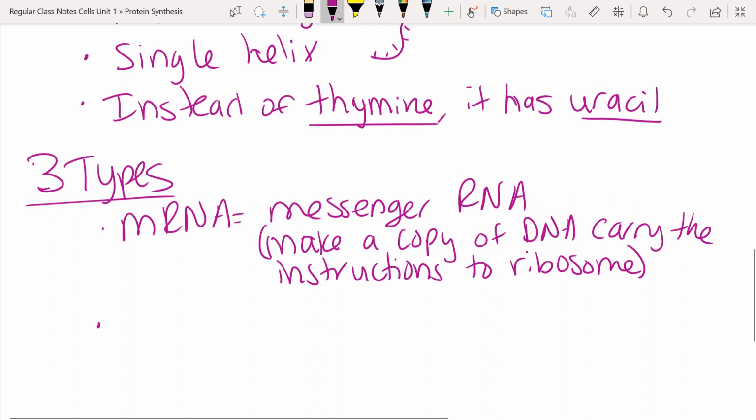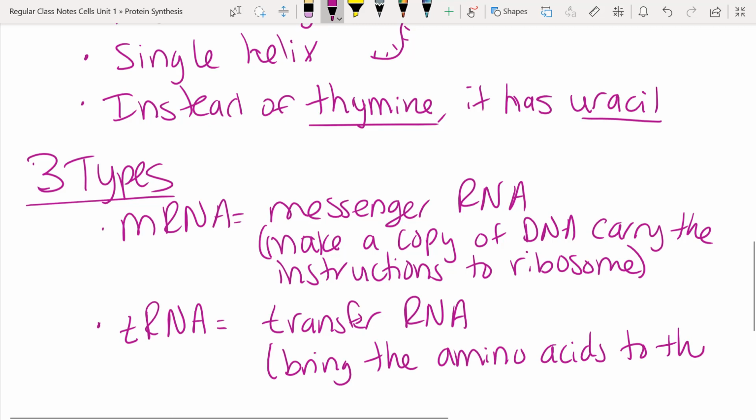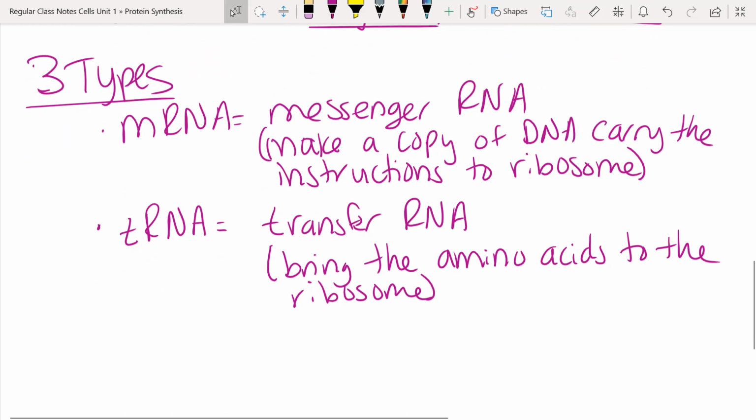The next type is called tRNA. tRNA stands for transfer RNA, and it's going to bring the amino acids to the ribosome. And these will make sense whenever we get into the details of protein synthesis a little bit more.